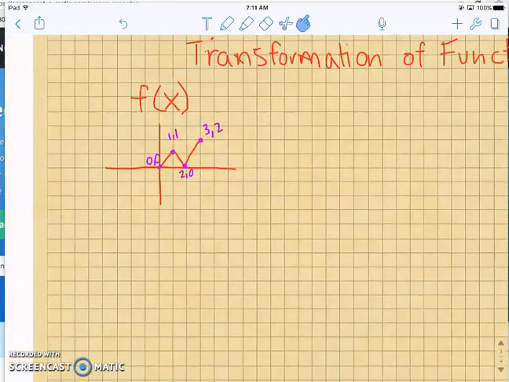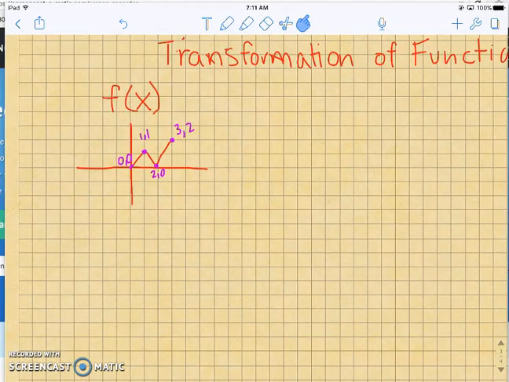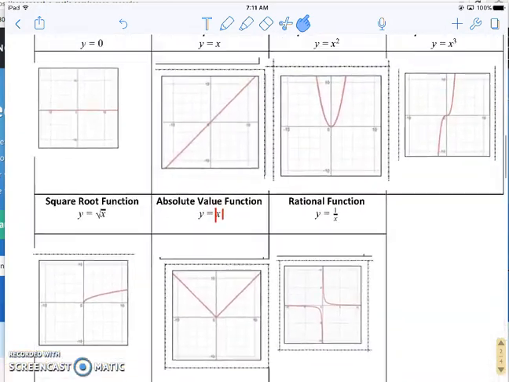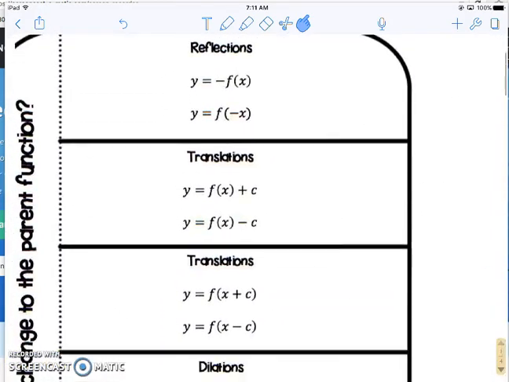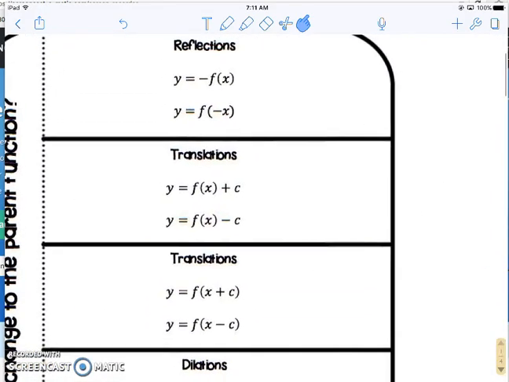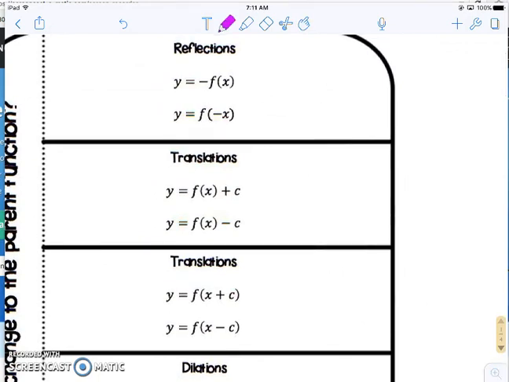So underneath these flaps, we're going to draw some transformations. So back up to this top flap, these reflections. We have negative f of x, so the opposite of f of x, the opposite of y. Well, our opposite y value would flip it down, which would make it a reflection across the x-axis.